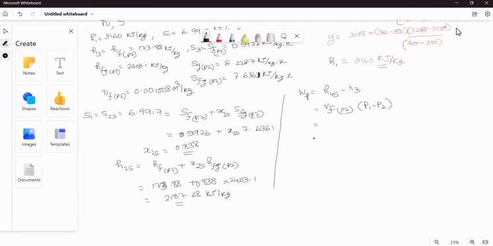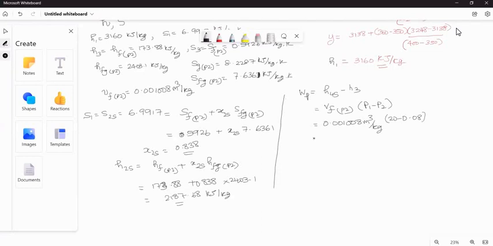VF, the value we have already calculated earlier from the table, is in meter cube per kilogram, that is specific volume. The pressure difference is 20 minus 0.08, that is 19.92.